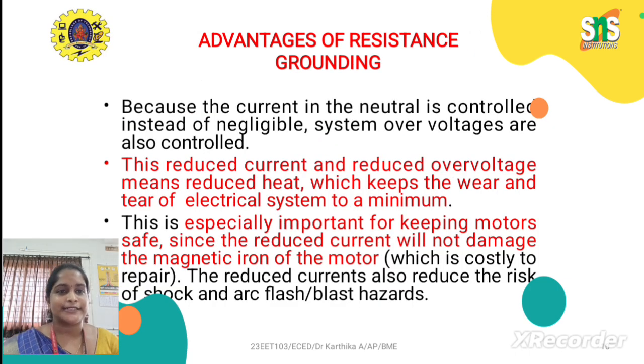Advantages of resistance grounding: the current is negligible, system over voltages are controlled with the help of resistance grounding, and the reduced voltage and current reduce heat. An important point is that to keep our motors safe, we use resistance grounding. The reduced currents also reduce the risk of shock and flash or blast hazards.